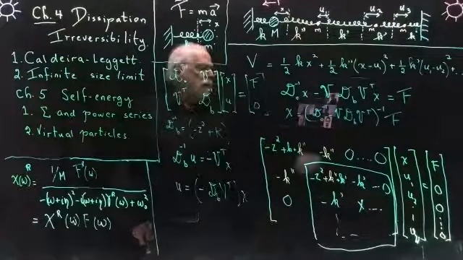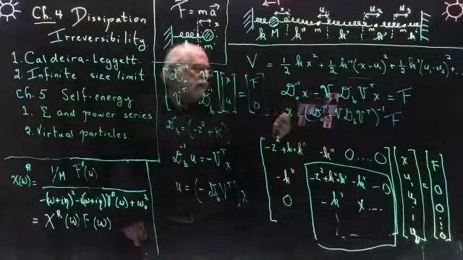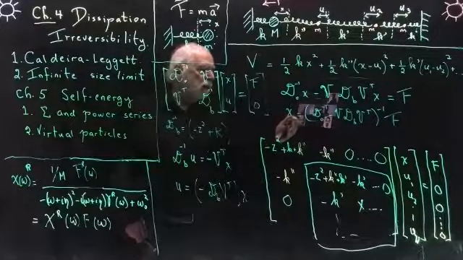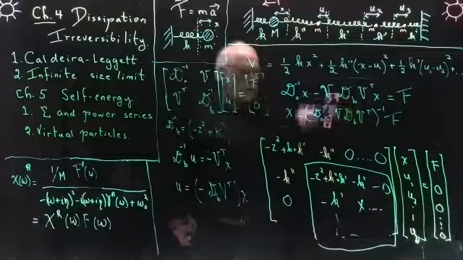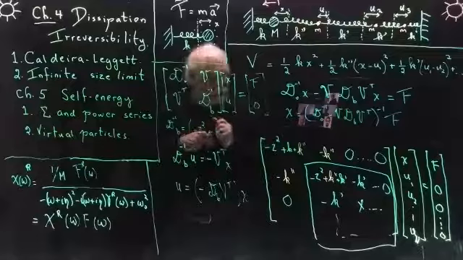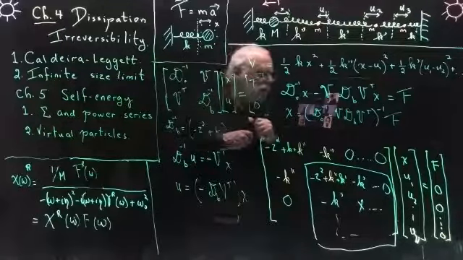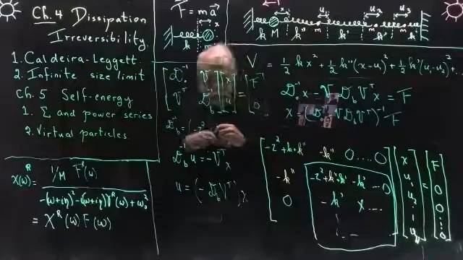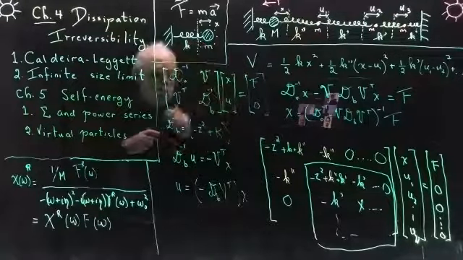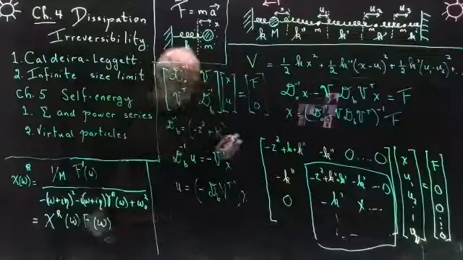So the poles of this quantity here, which are the eigenmodes, are where this object is equal to 0. So let me work on it a little bit to express this in terms of eigenmodes.